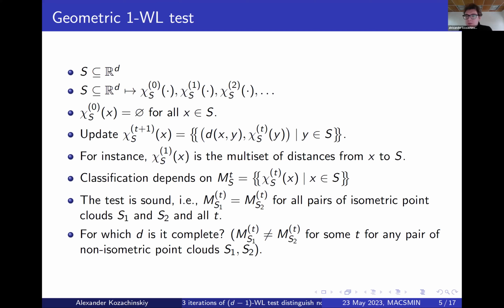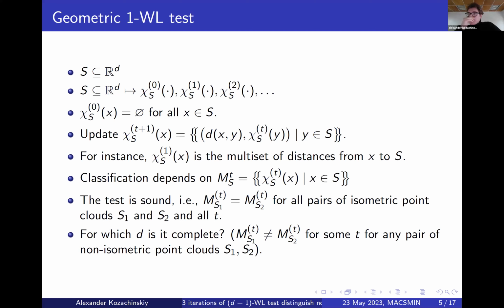Now, if I have a point cloud S, this geometric 1WL test also assigns it a sequence of labelings, chi0, chi1, chi2, and so on. Each chi is again a function which takes as input a point in S and assigns it something. In the beginning, every point is assigned the same value, for example the empty set.